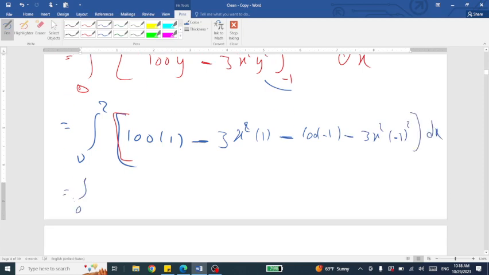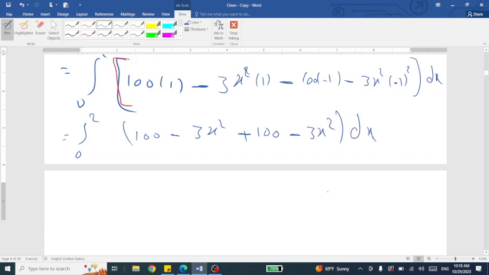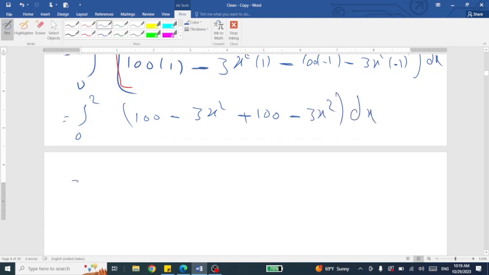Okay, so I'll get what? 100 minus 3x squared plus 100 minus 3x squared. Am I right? Then 100 plus 100 is 200, minus 6x squared dx.